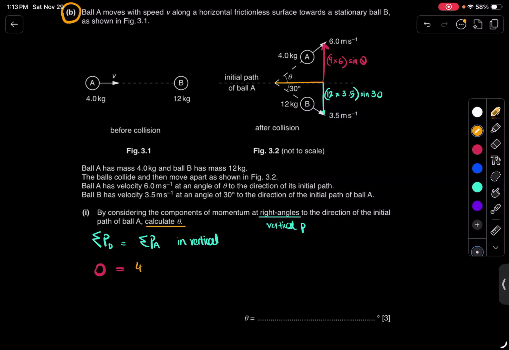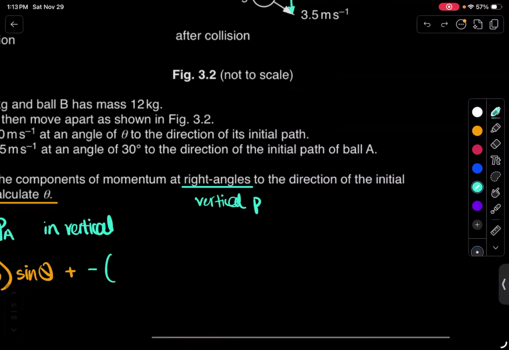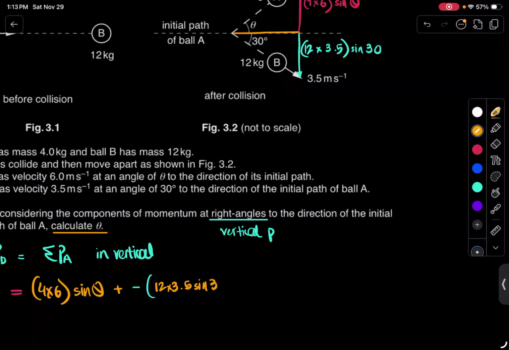It's 4 times 6 sine theta plus, this is going to be negative. Why? Because it's in the downwards direction. If upwards is positive, downwards is supposed to be negative. So minus 12 into 3.5 sine 30.